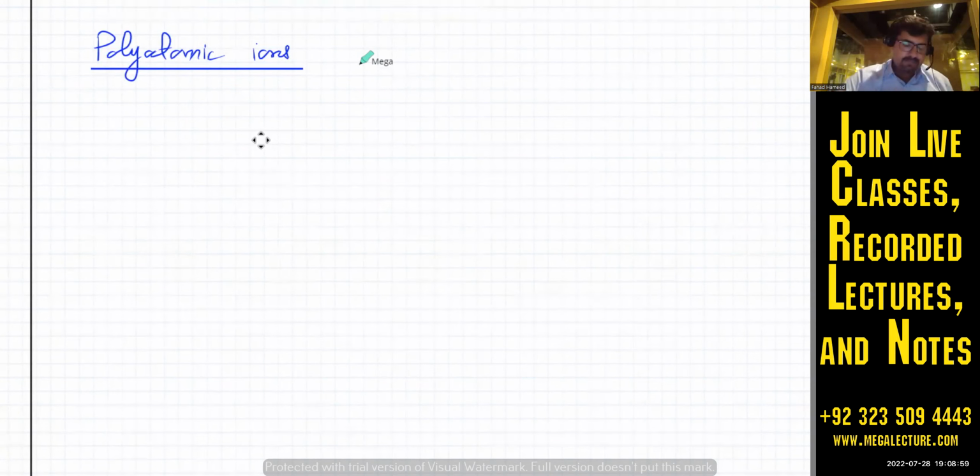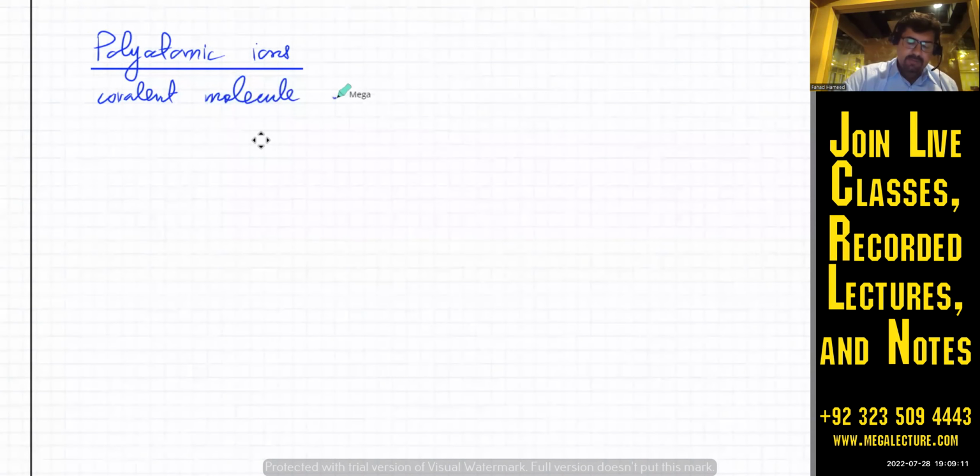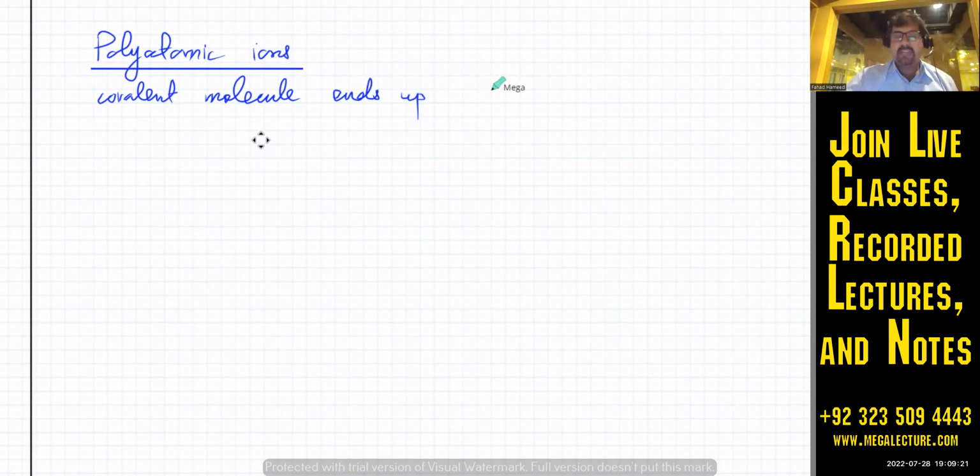What's a polyatomic ion? Sometimes there's a covalent molecule and that molecule ends up gaining or losing electrons. That's how ions are formed, right? You gain or lose electrons. If you lose electrons, you become positively charged. If you gain electrons, because of the negative charge of the electron, you become negatively charged.